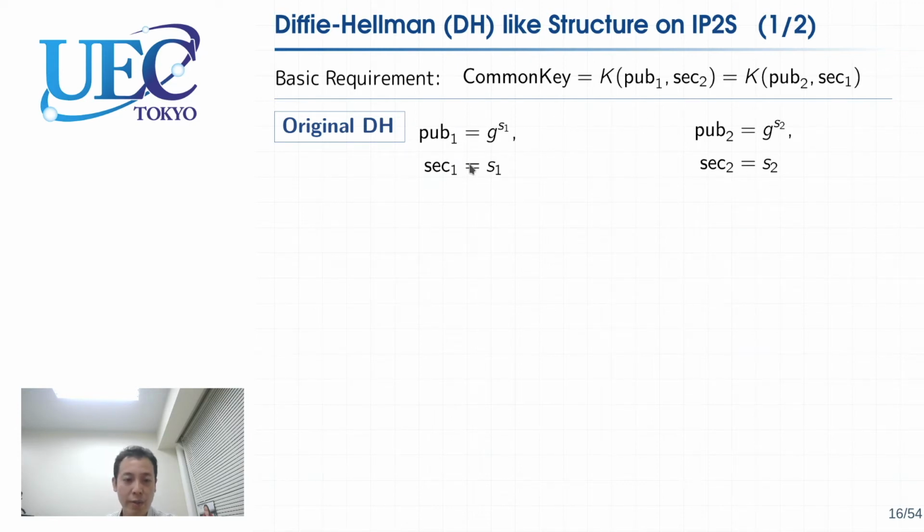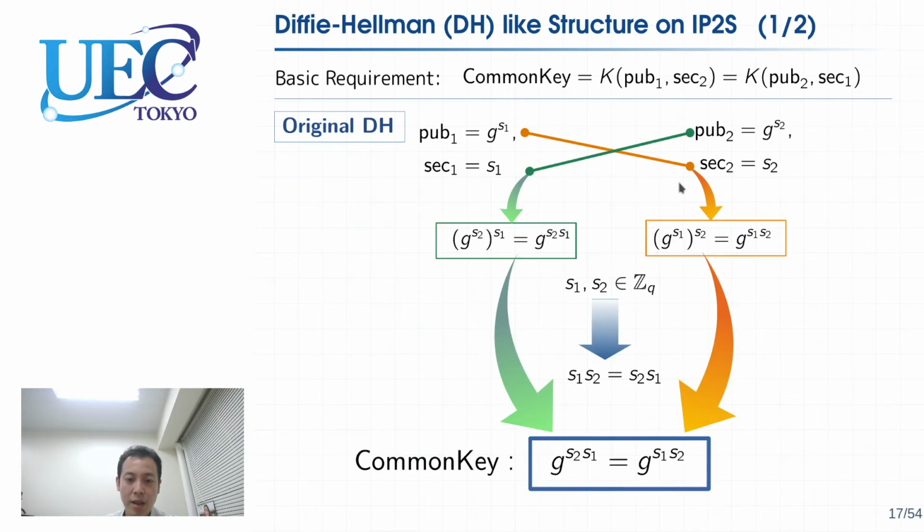So we have a public key and secret key like this, and a public key and secret key like this, in two different parties. By crossing the public key and secret key of different parties, we compute the value g to the power s2 s1, and g to the power s1 s2. Thanks to the commutative property of s1 and s2, we get a common key here because the left and right values are actually the same.